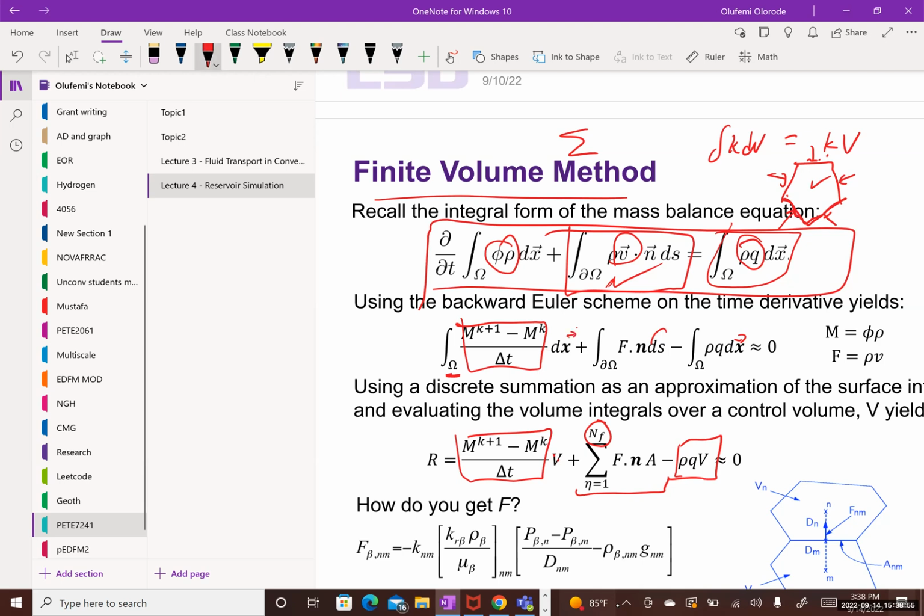X is a vector, a space vector. It's not x in one direction. That's why I made it bold. But some people will do the omega. That's what I actually used to do. So it looks like integration of something dx. What you're integrating over is the domain. So you can use dx, you can use the omega, or not use anything. You already told us what you are integrating over.